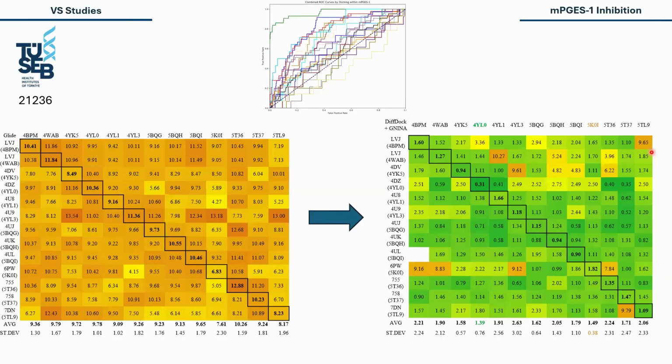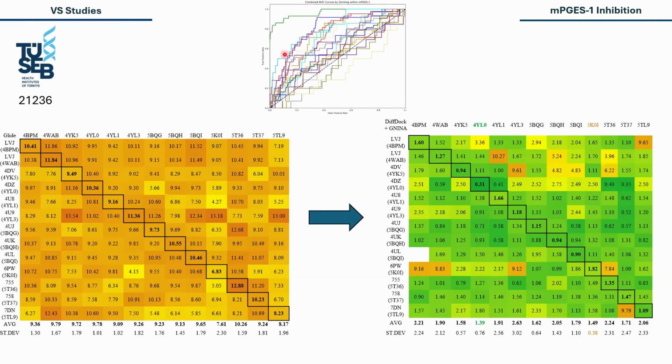But would it be enough to generate a binding pose within the binding cavity? And if you don't see a scoring performance that is able to distinguish the most active ones from the inactive ones, or intermediate level actives, middle range actives, if you cannot separate them with a score, then it will again be difficult to understand which compounds are more reliable to be tested in our biological laboratory.